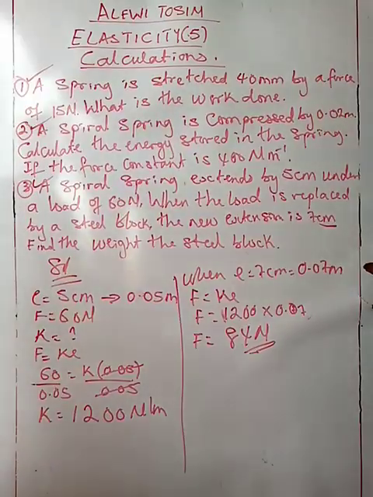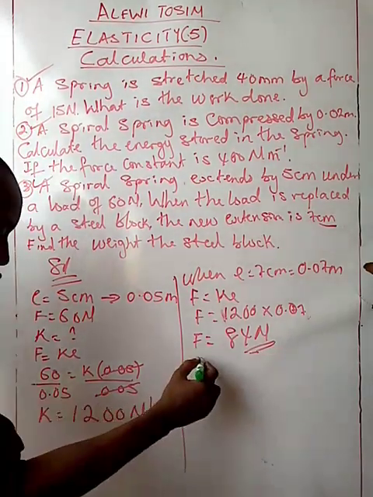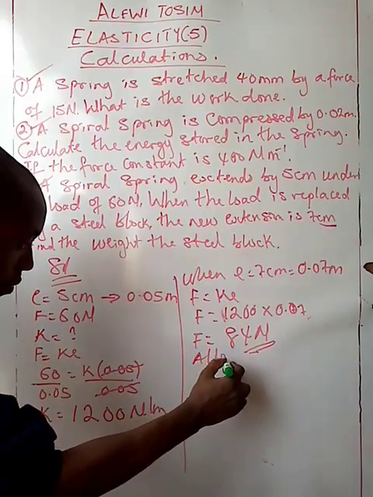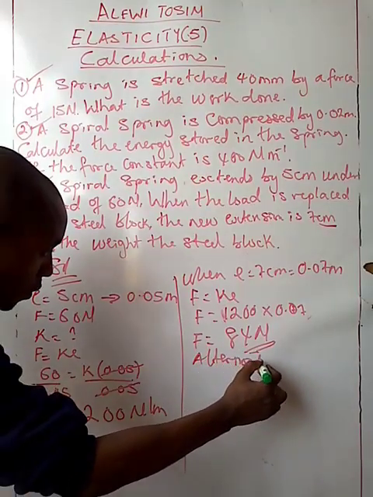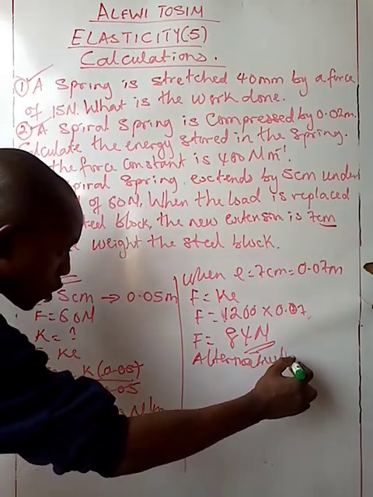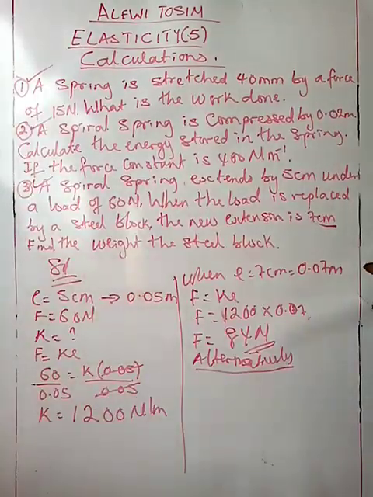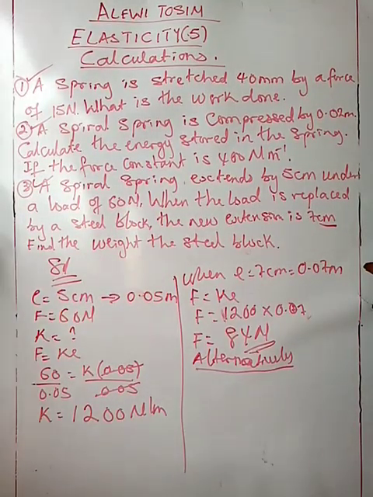Now let me quickly add this. If this kind of question appears in theory, we go this way. But if the question appears in, probably, an objective-oriented examination, you could go this way. Alternatively, you can use the concept of proportionality. Yes, let me quickly chip that in. You can use the concept of proportionality for this.